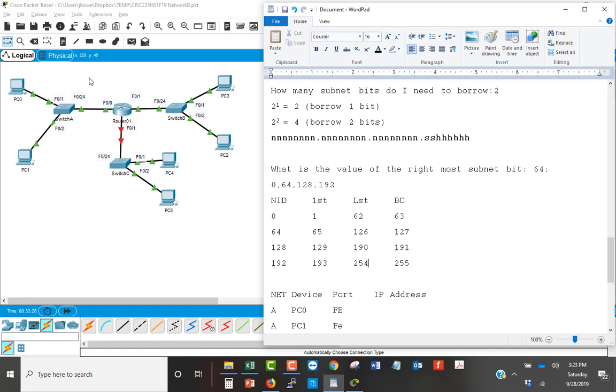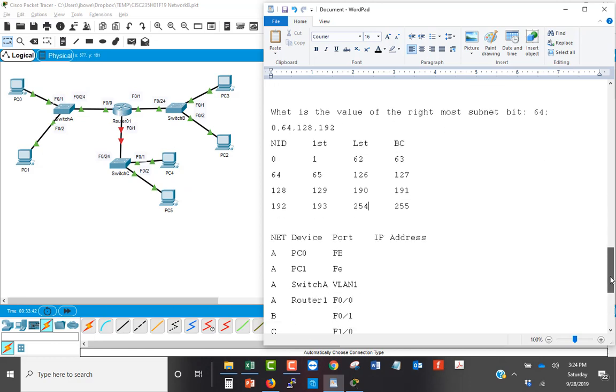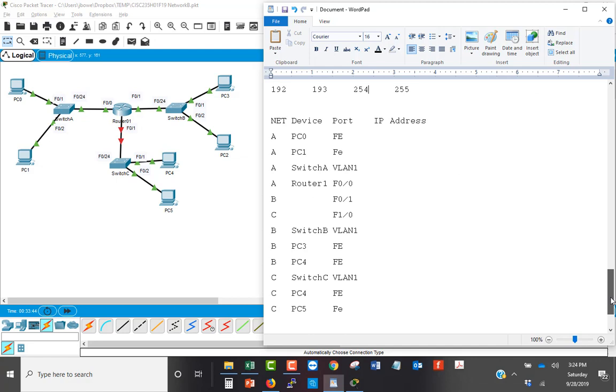The network on the left I'm going to designate as network A. Network B is going to be the network on the right, and network C is going to be the network down below here. So let's look at our devices. Here are the various devices and the ports.